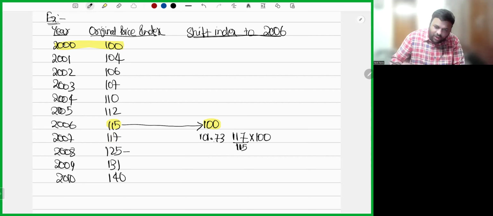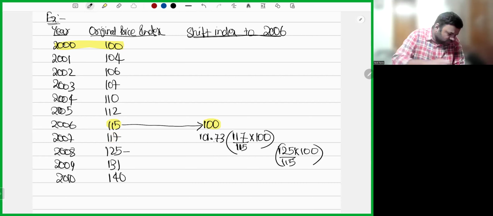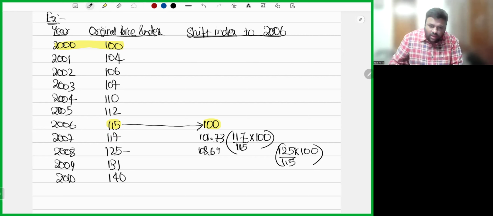Then for 125, how much will it be? 125 into 100 by 115. It's 108.69.